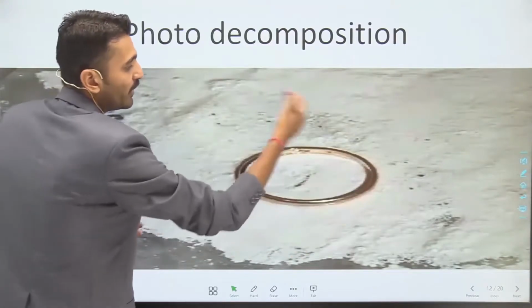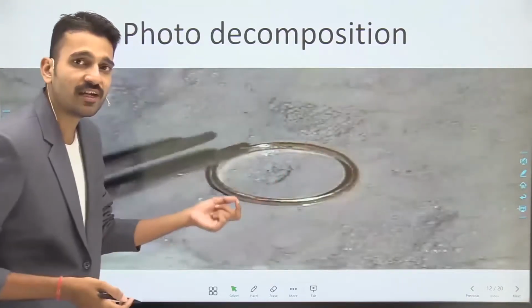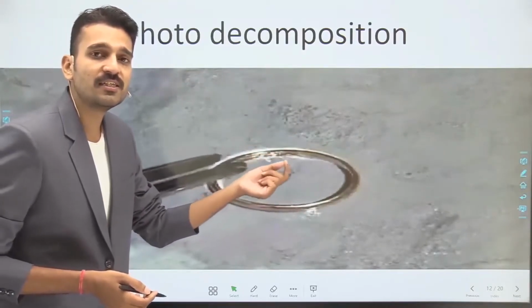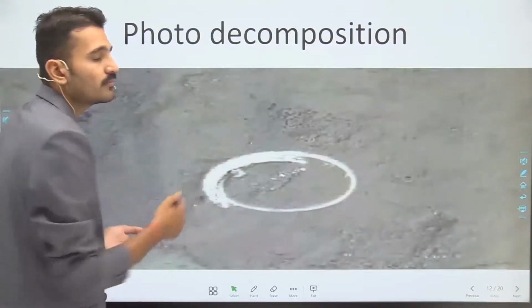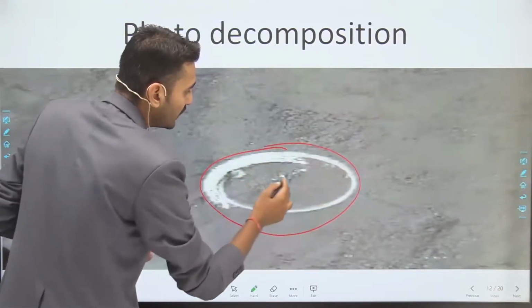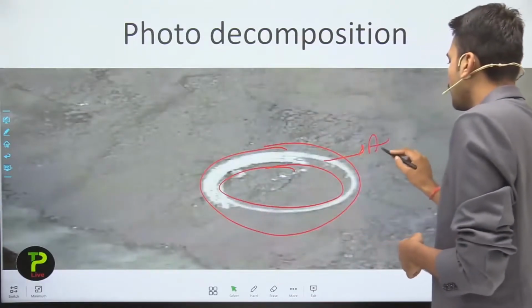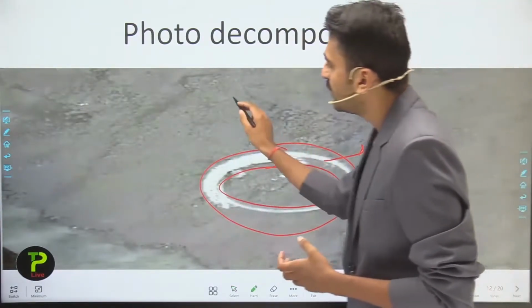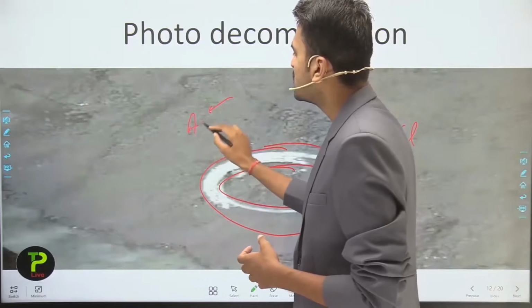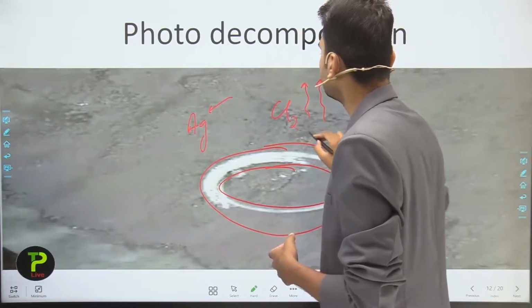The silver chloride which is not under this ring has changed its color to gray, and the part which is covered under this ring has not changed its color. So here you see the white color of silver chloride, while here you see only silver, and the chlorine gas has been released to the atmosphere.